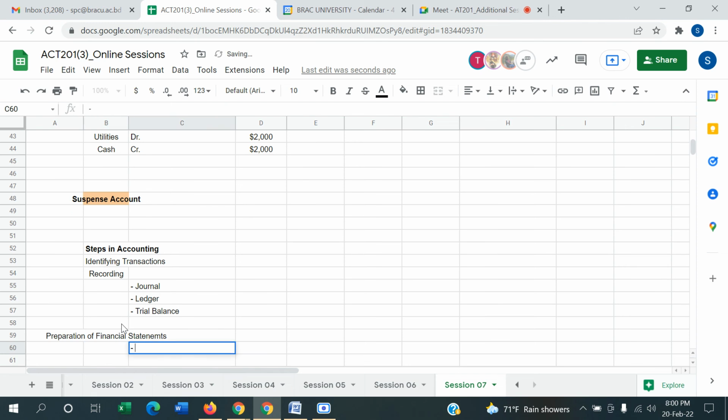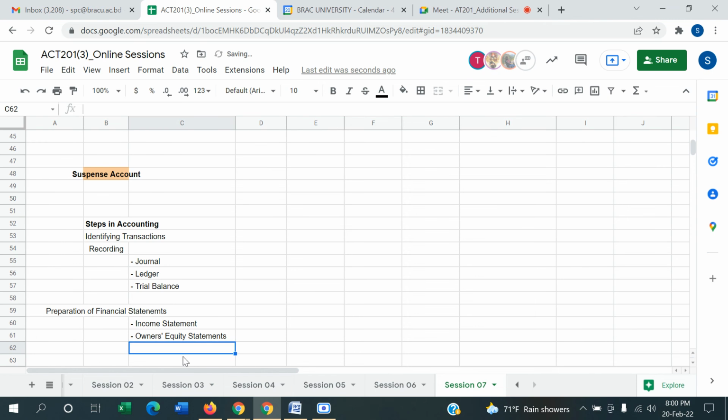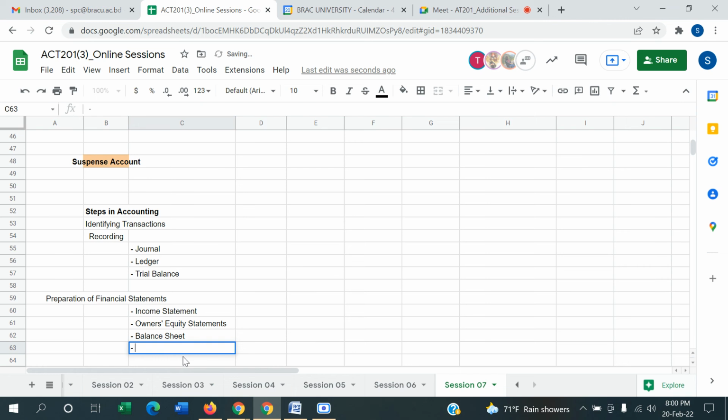In the financial statements we prepare the income statement, also known as the profit and loss statement, then the owner's equity statement, then the balance sheet, then the cash flow statement. Basically, these are the steps.